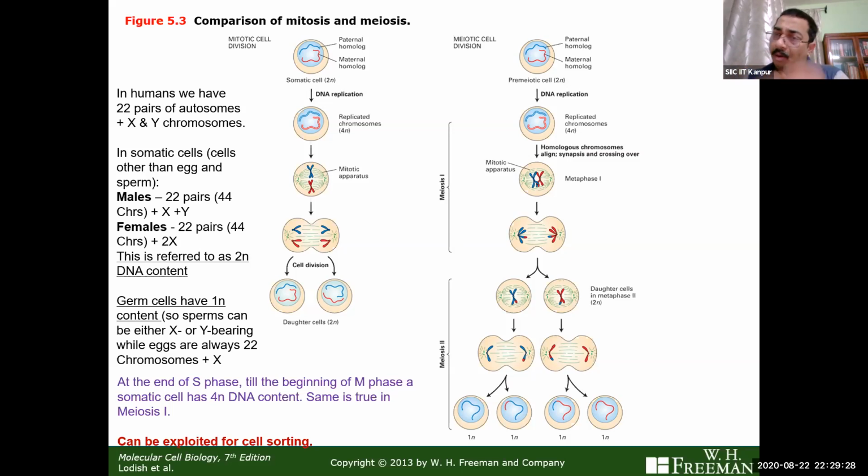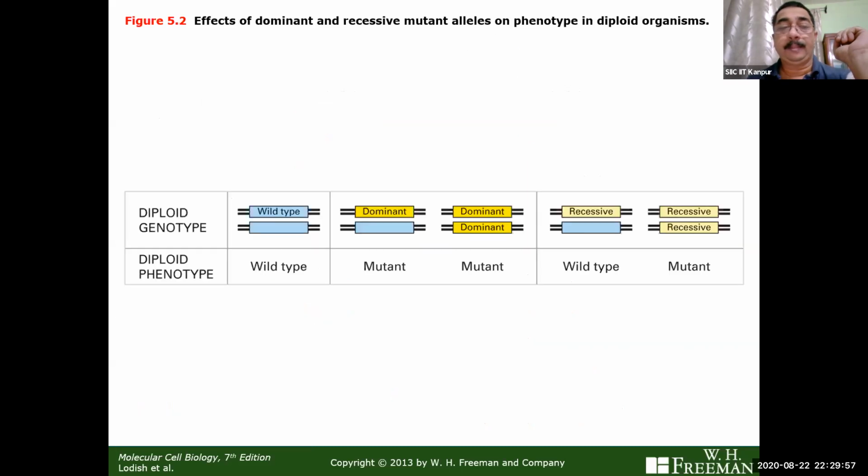So these very slow changes happen, and that's how we adopt and adapt to changing circumstances. So it is very important that we understand this concept that at the end of meiosis, there are 4 different cells from one diploid cell, and each cell will have a haploid content, and there is a possibility of mixture of mother and father traits.